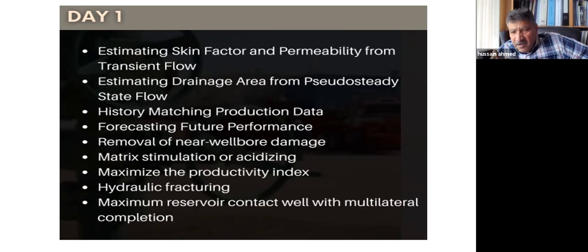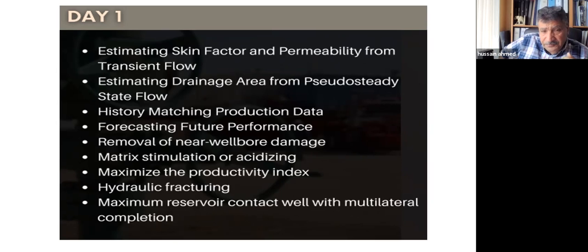I have damage around the wellbore or even in the reservoir. That damage may be caused by bad water injection, maybe by turbulency, maybe by failure in perforation and so on.